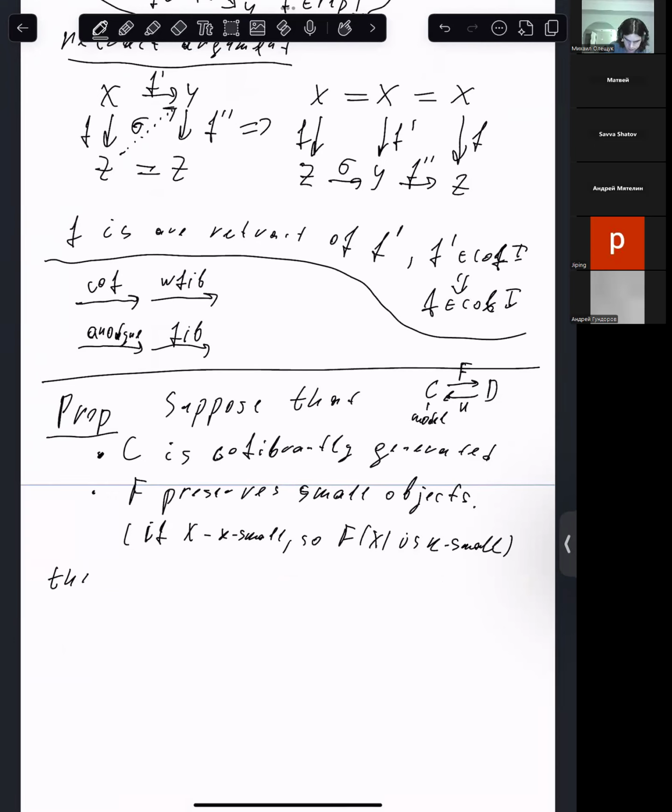Then every morphism in D factors like this.